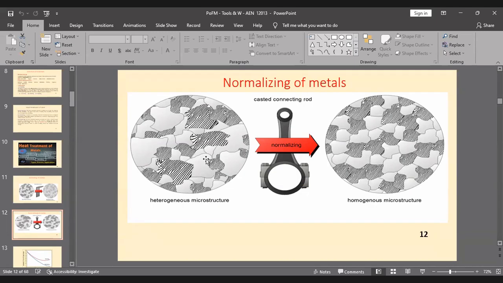Earlier we had a heterogeneous microstructure in the steel, a hard steel, very difficult to handle. Then we change it into a homogeneous microstructure. This operation is known as normalizing. The main point is the rate of cooling is very high.